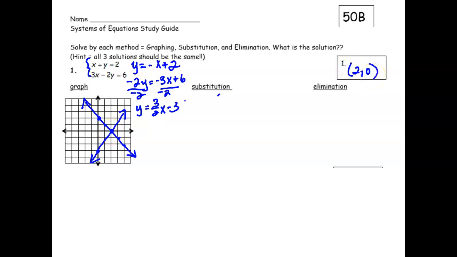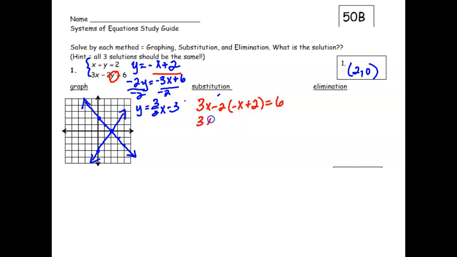So when I do substitution, I'll do that in red here so we can see it a little bit better. I am going to look at this and see, well, y is equal to -x + 2, so I'm going to substitute in for my y, -x + 2. So this would be 3x - 2(-x + 2) = 6.